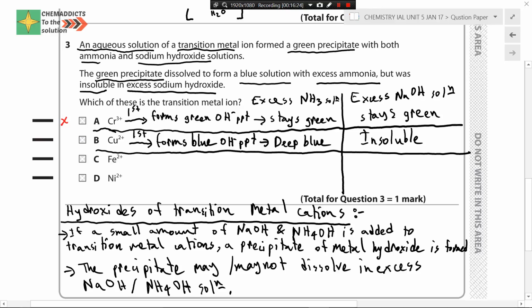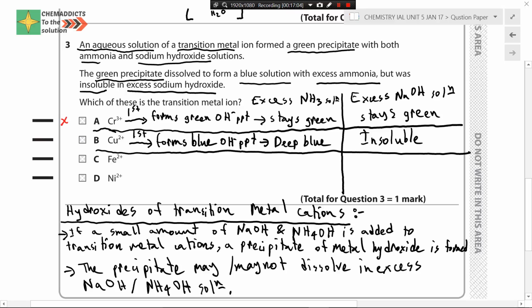Oh, it looks like it matched with the condition given, but no. In this case this copper 2 plus ion first gives blue precipitate, and this doesn't match with the condition. Here it was green precipitate. The copper 2 plus ion forms blue precipitate. So copper 2 plus ion won't be the answer.